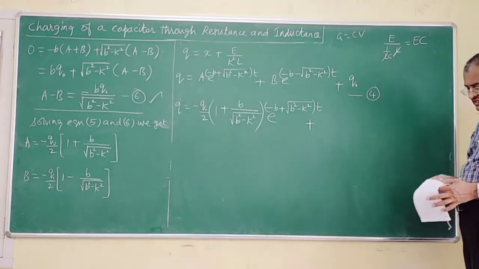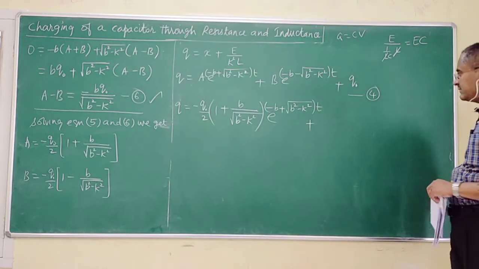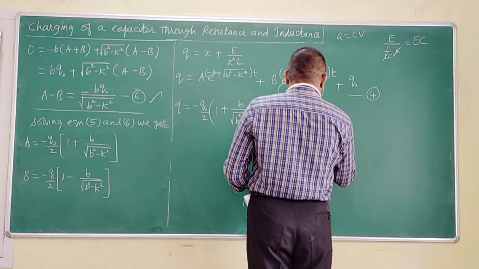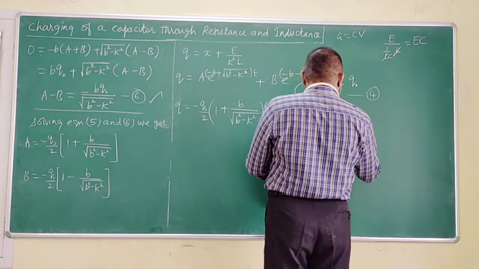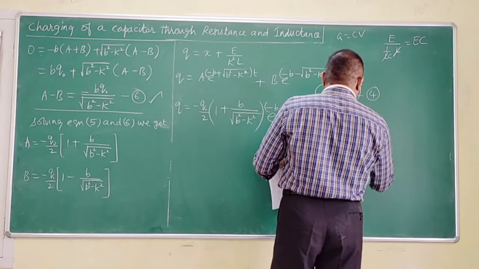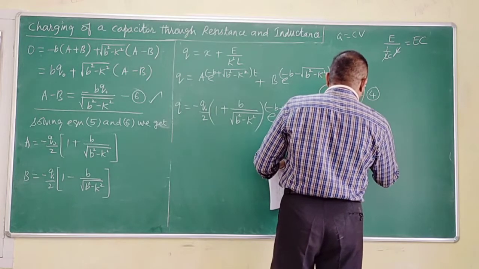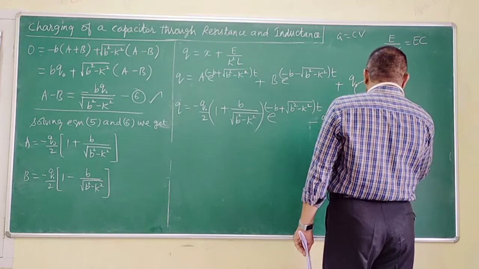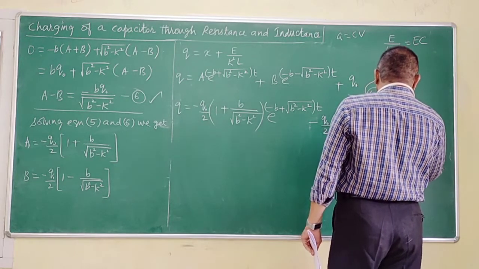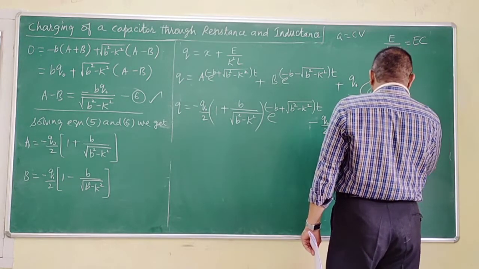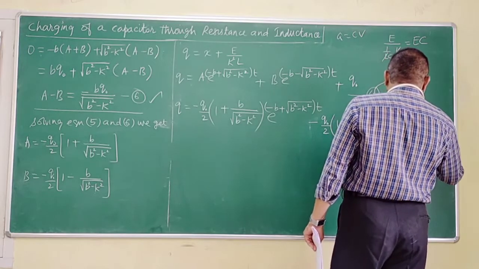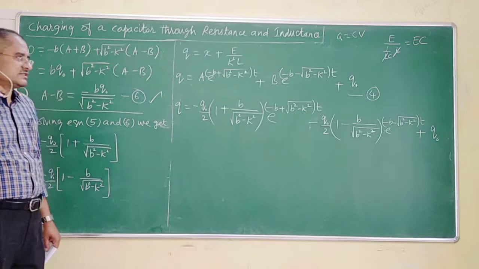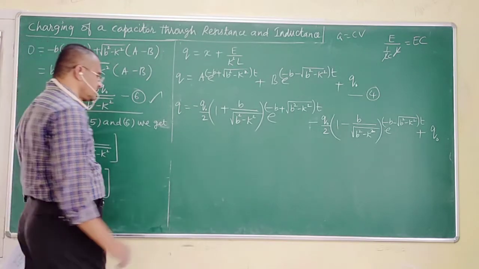Again B is minus Q naught by 2. Am I right? Therefore, minus Q naught by 2, 1 minus B by under root of B squared minus K squared into e power minus B minus under root of B squared minus K squared into T plus Q naught. Don't worry, we'll simplify this beautifully.